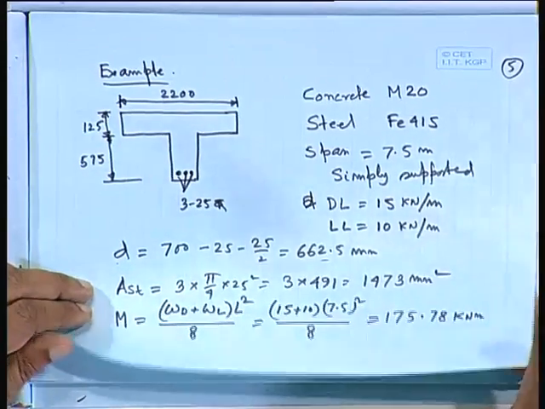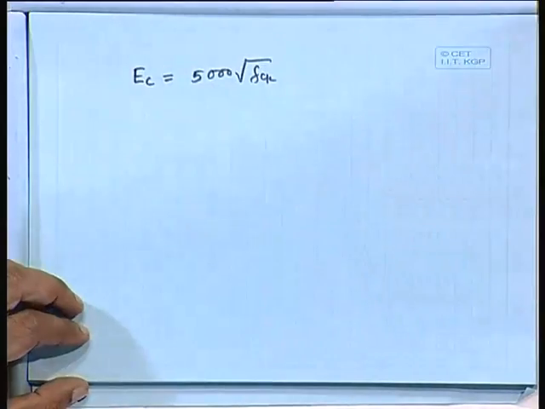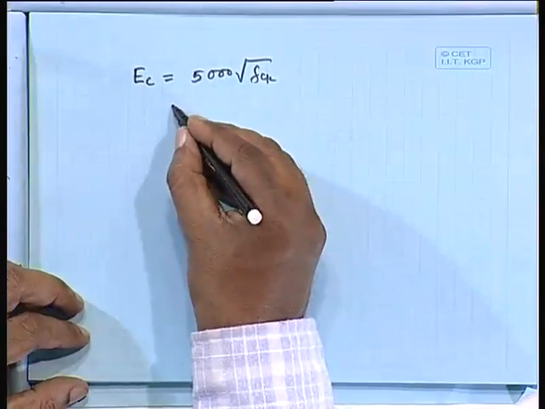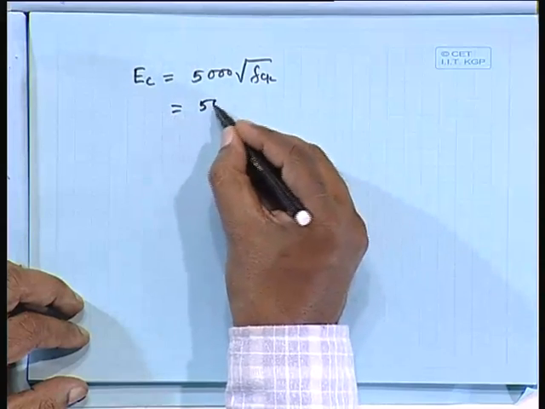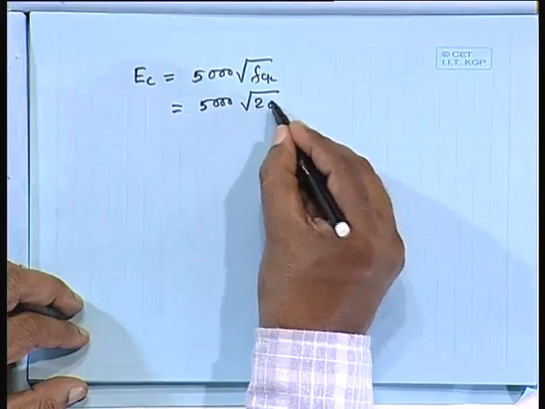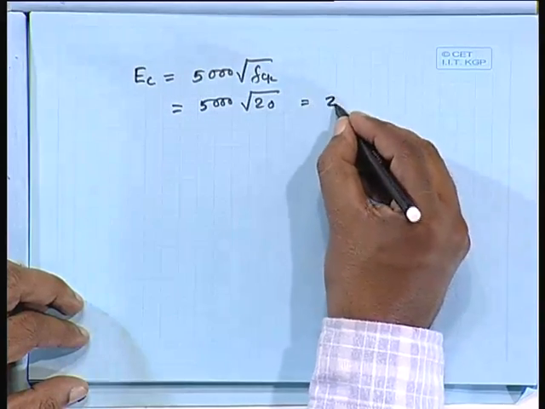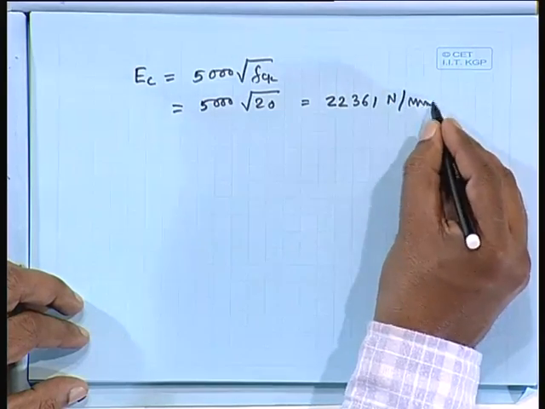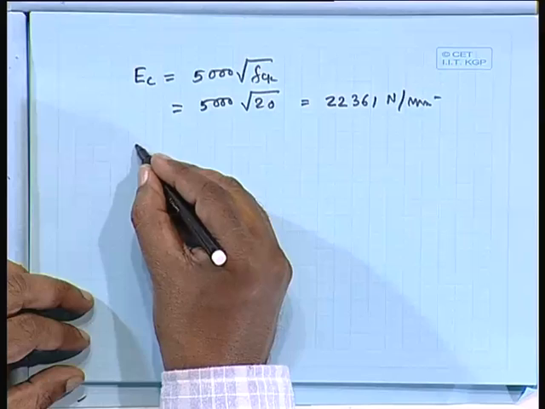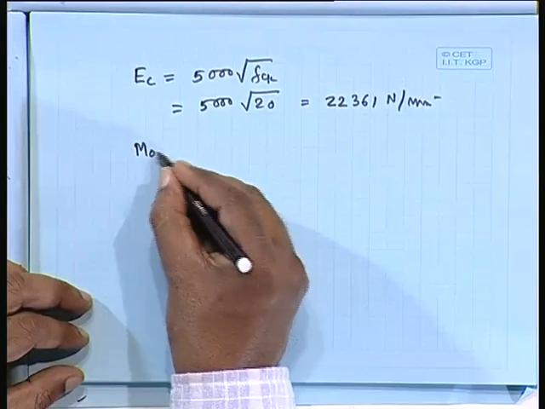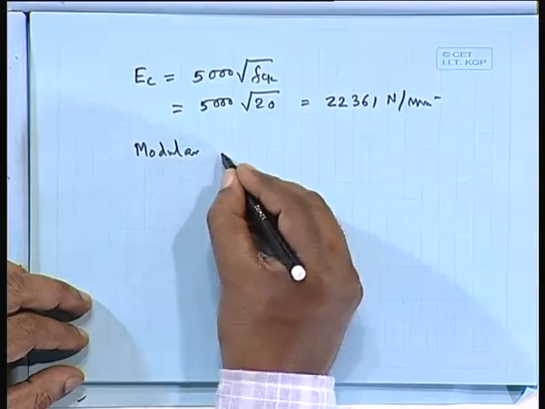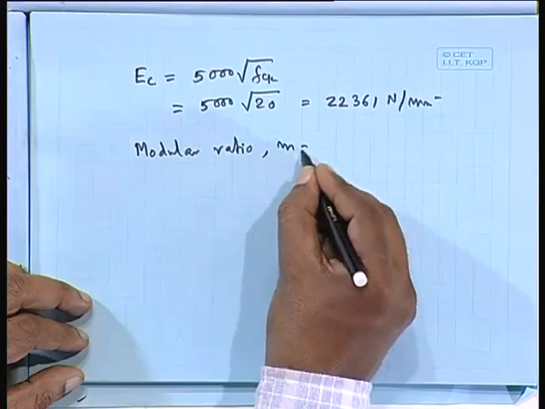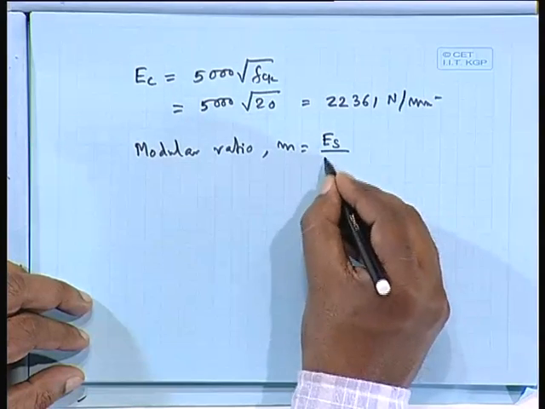That means under service load. So, Ec we are getting here 5000 root fck, which comes as 22361 Newton per square millimeter. Modular ratio, there is one more formula, but we can use directly ES by EC.